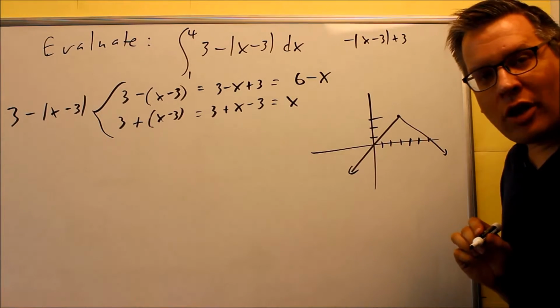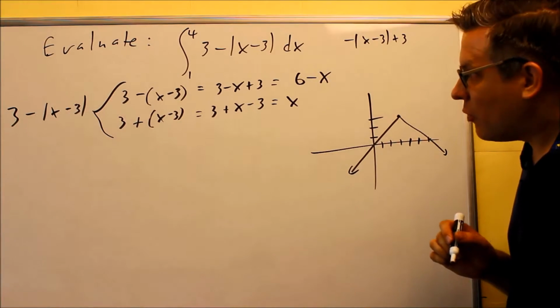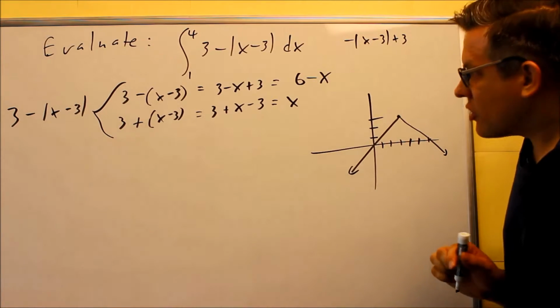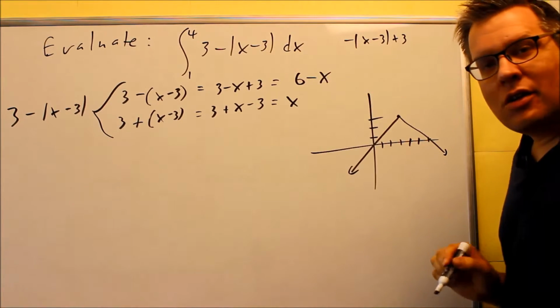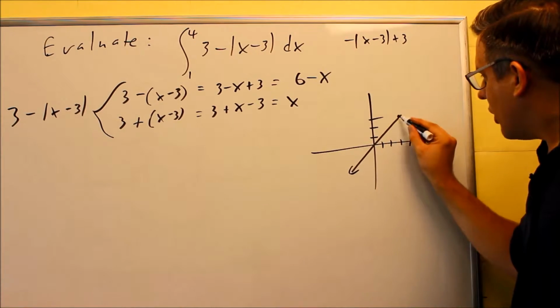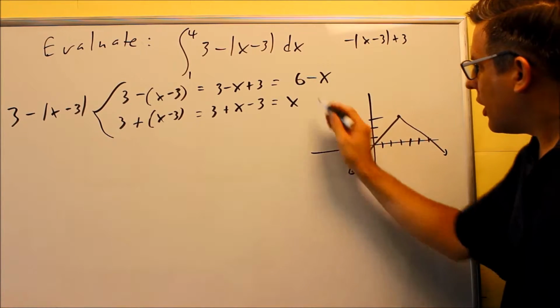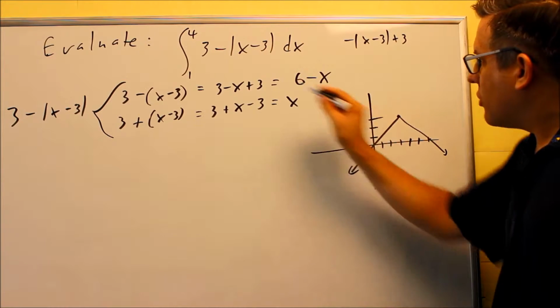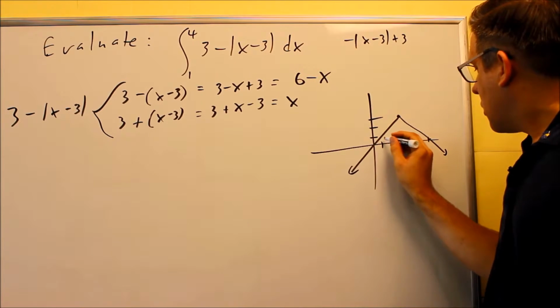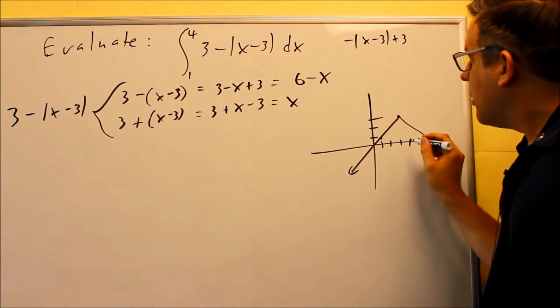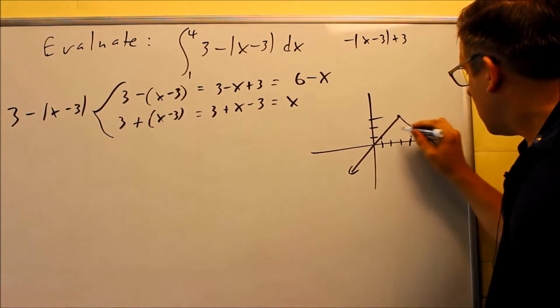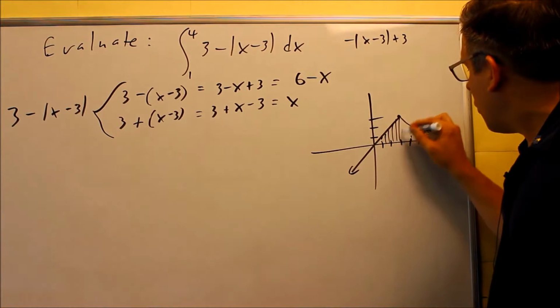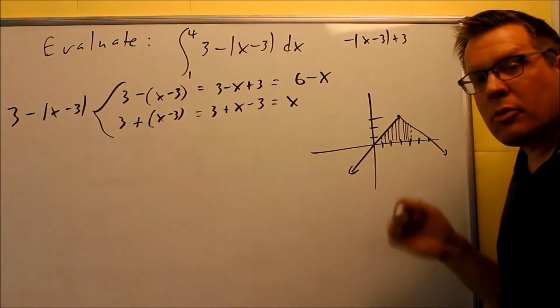So when you do the integration, we actually have to split this up. We can't just do it all at once. We have to actually combine two different functions together. So here's the first one. The first one is going to be the line y equals x, and we're starting at 1, so basically from 1 to 4 is the whole thing all the way across, but I'm going to break it up.